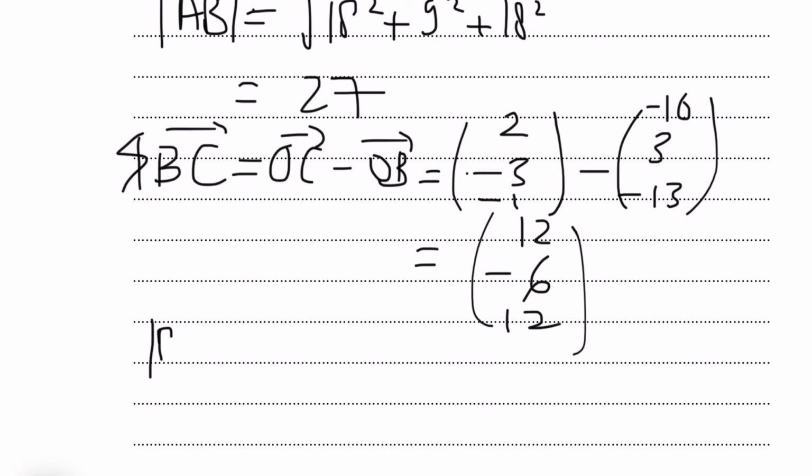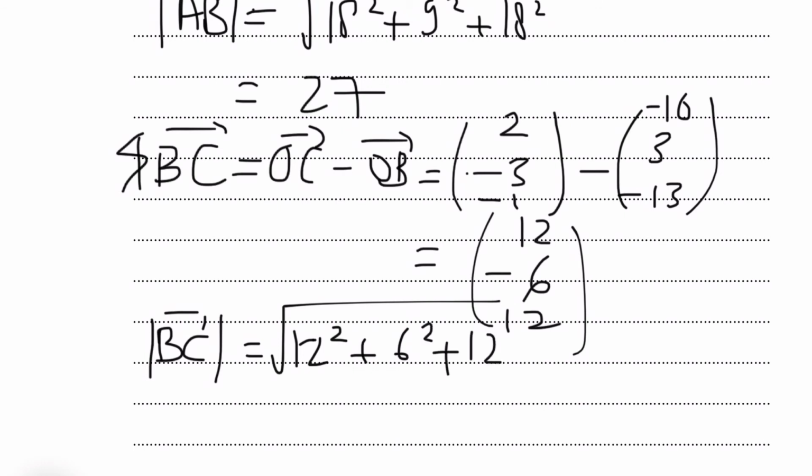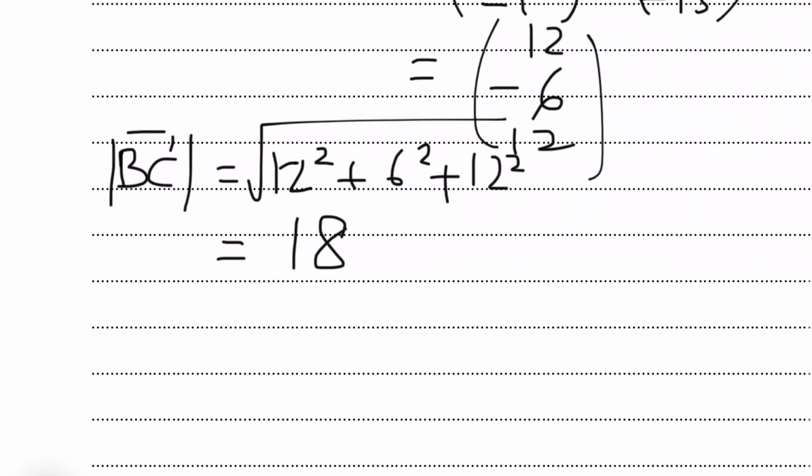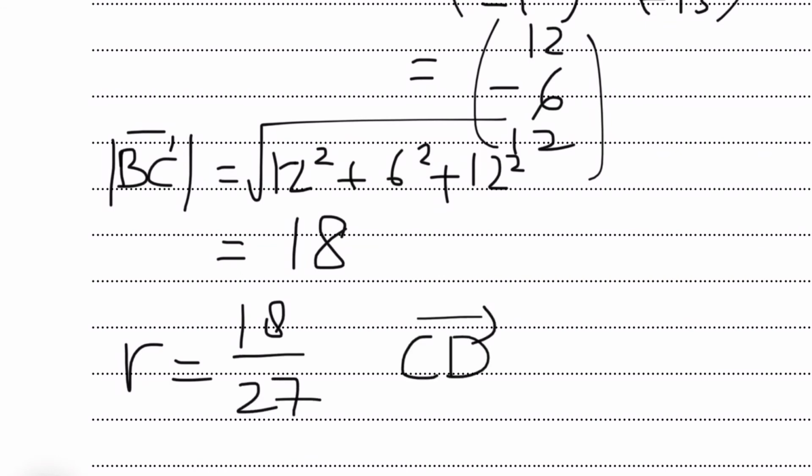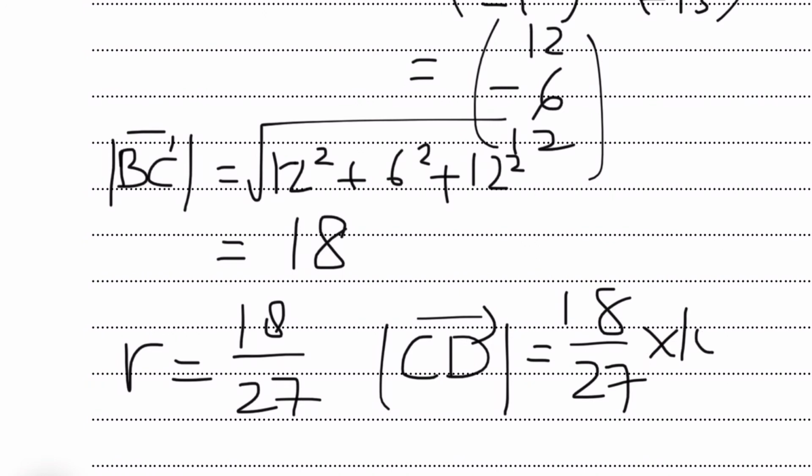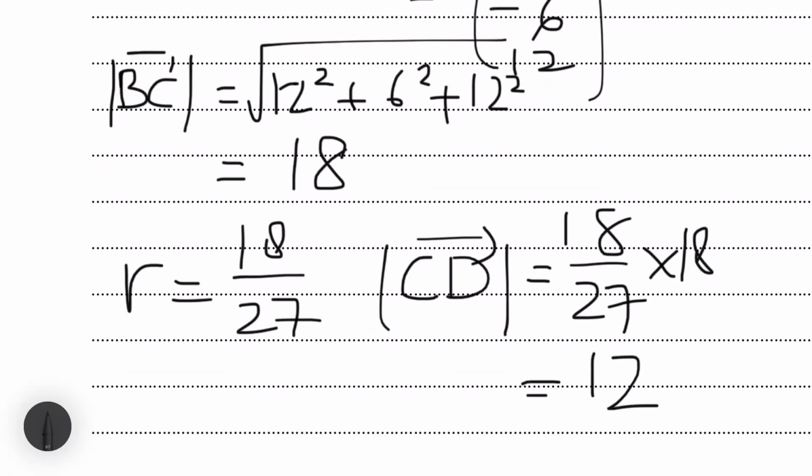So your magnitude will be the square root of 12 squared plus 6 squared plus 12 squared, which will give you 18. Since this is a geometric progression, your r is 18 over 27. So you can just calculate the magnitude of CD by 18 over 27, multiplying that with 18. So the magnitude is 12.